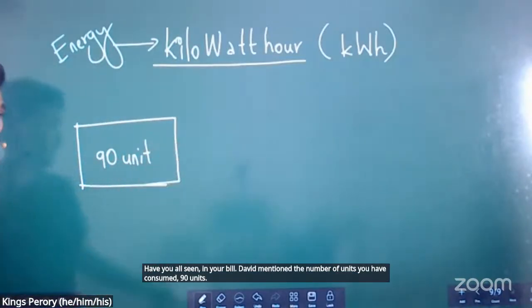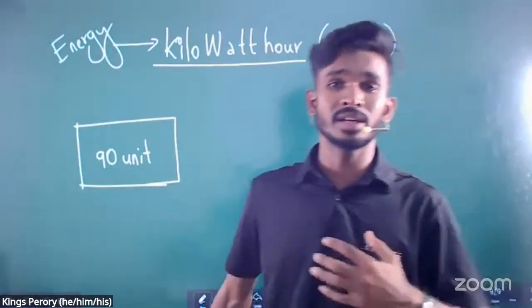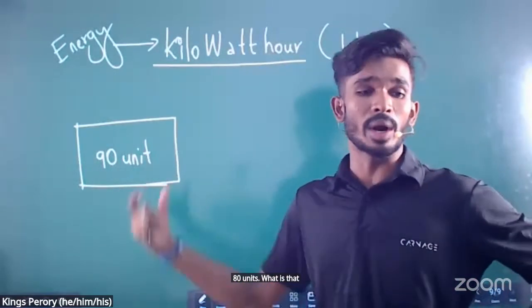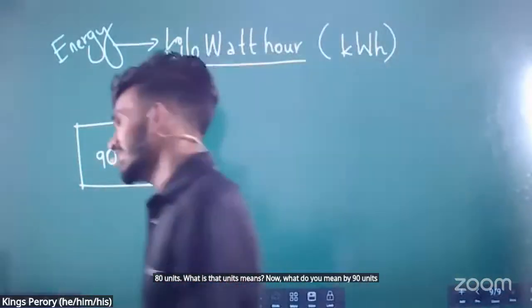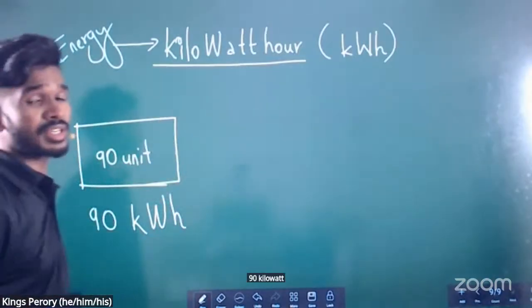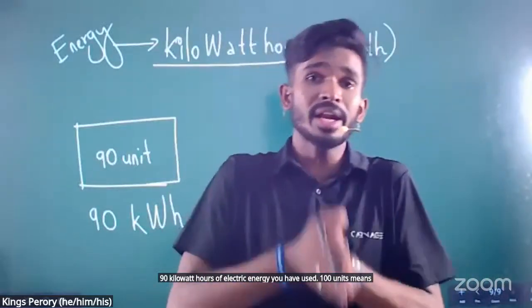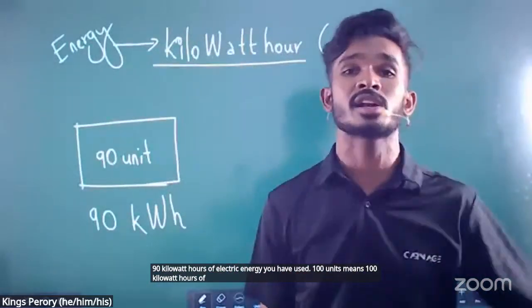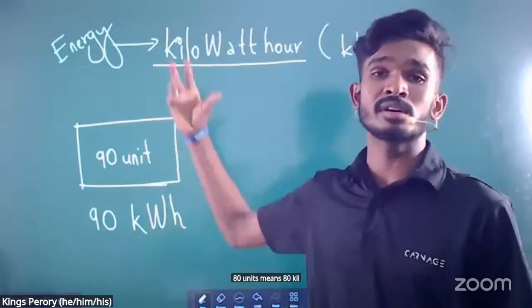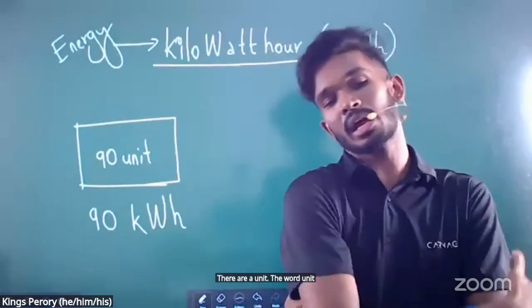Month of September, you have used 90 units of electricity. 100 units, 80 units. What do units mean? 90 units means 90 kilowatt hours of electric energy you have used. 100 units means 100 kilowatt hours. 80 units means 80 kilowatt hours. The word unit means kilowatt hours.